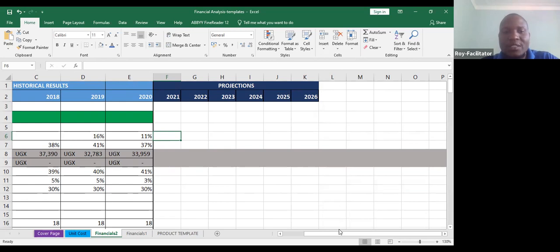Depending on what initiative you are doing, then the percentage can increase systematically or exponentially. But you have to have a justification, because here on forecasting, you are basically going to generate based on a justifiable cause.